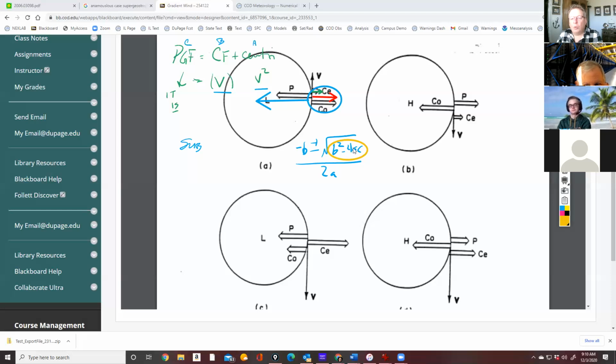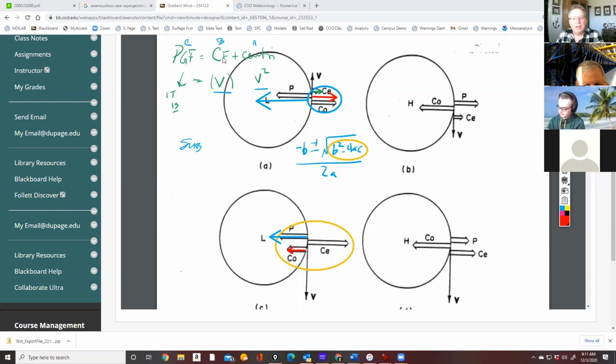So in here will always be positive, which means I get the Coriolis term plus or minus some other term. Now, the term can be big enough that I get weird numbers, and I'll show you that because, Jim, you had two answers, right? And one of them comes out to be this case. In this case, the pressure gradient force is still pointing this way, but the Coriolis force is also pointing in the same direction.